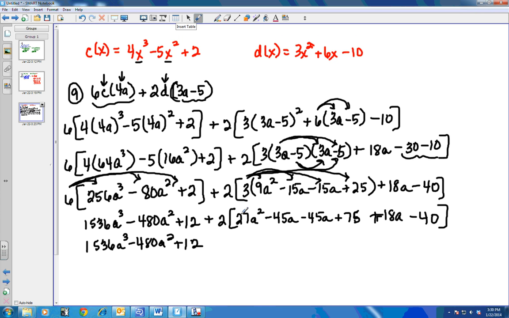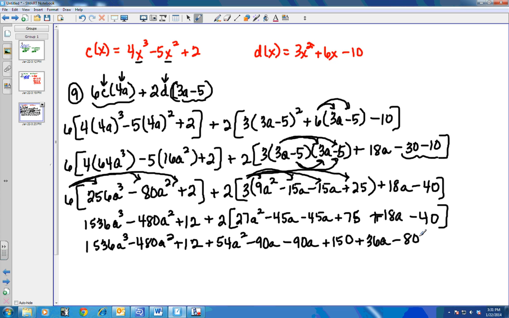So 2 times 27 is 54, so plus 54a squared. 2 times negative 45 is minus 90a. 2 times negative 45 is minus 90a. 2 times 75, 150. 2 times 18, 36a. 2 times negative 40 is minus 80.